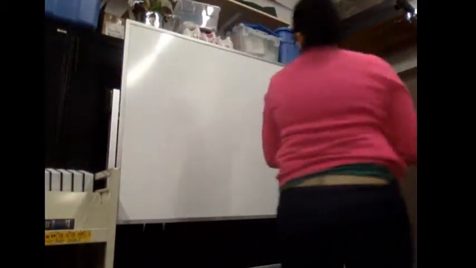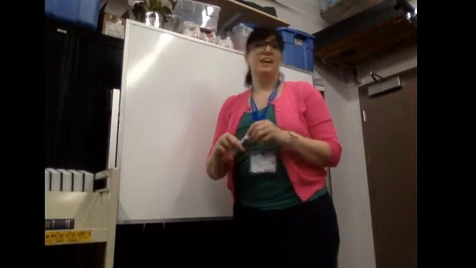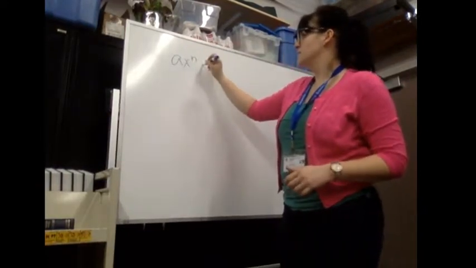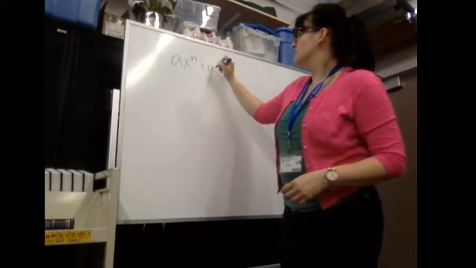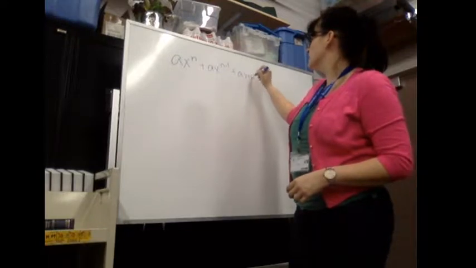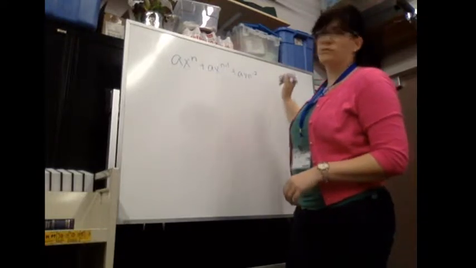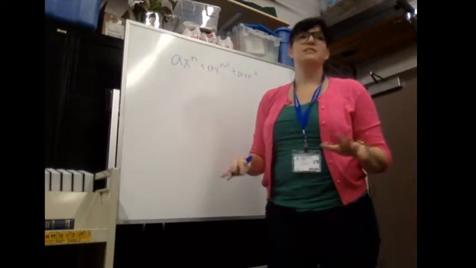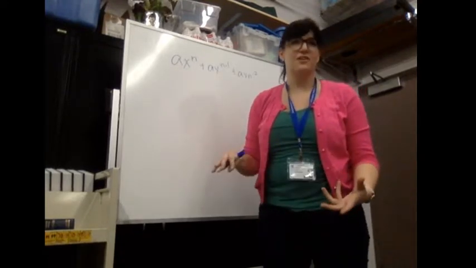Okay, so a little review. A polynomial is anything that takes the form of ax to the n plus ax to the n minus 1 plus ax to the n minus 2, and so on and so forth. This is just a review of what polynomials are.